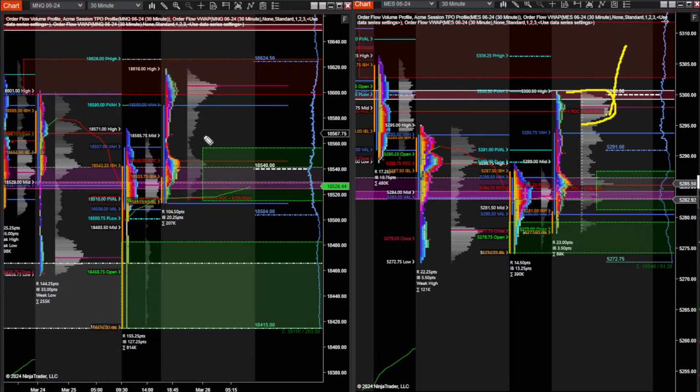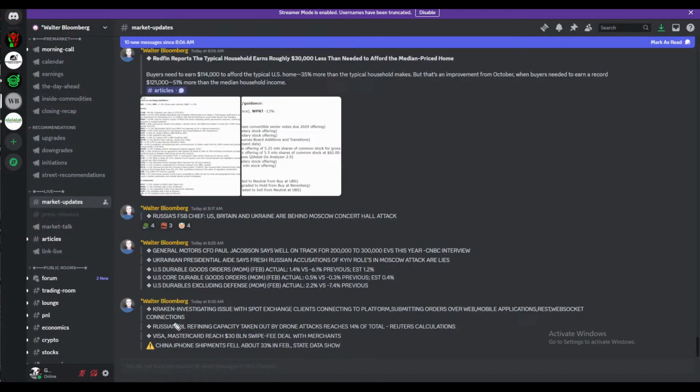Something just happened. Okay. I believe we can look at it here. Let's see here. 835. Wow. That's not good for Apple. Okay, so this is the news that just hit the wire, I guess. All right, Kraken investigating issue with spot exchange clients connecting to platforms submitting orders over web mobile phone.